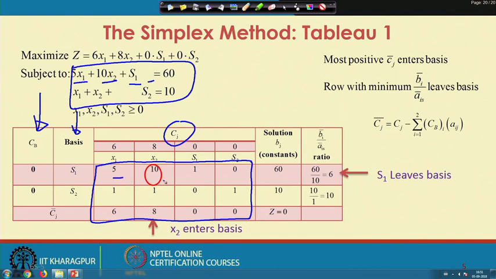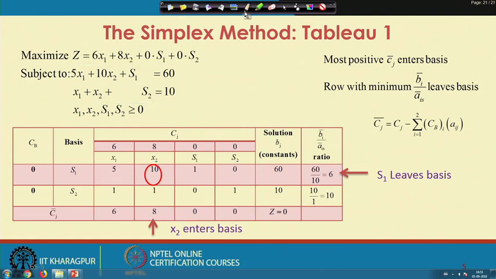So, 5, 10, 1 and 0. Similarly, if you look at the next constraint, the coefficients are 1, 1, 0 for S1 and 1 for S2.